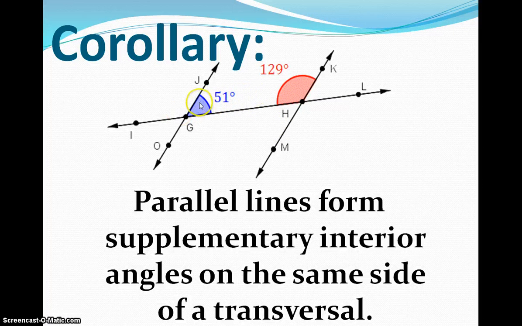Again, because if I took this 51 and flipped it over to the other side, because I know that alternate interior angles are equal, I know that angle MHG would also be equal to 51. And so my two angles, my red and then my MHG, would create that linear pair, which we know as supplementary from our work in previous chapters.